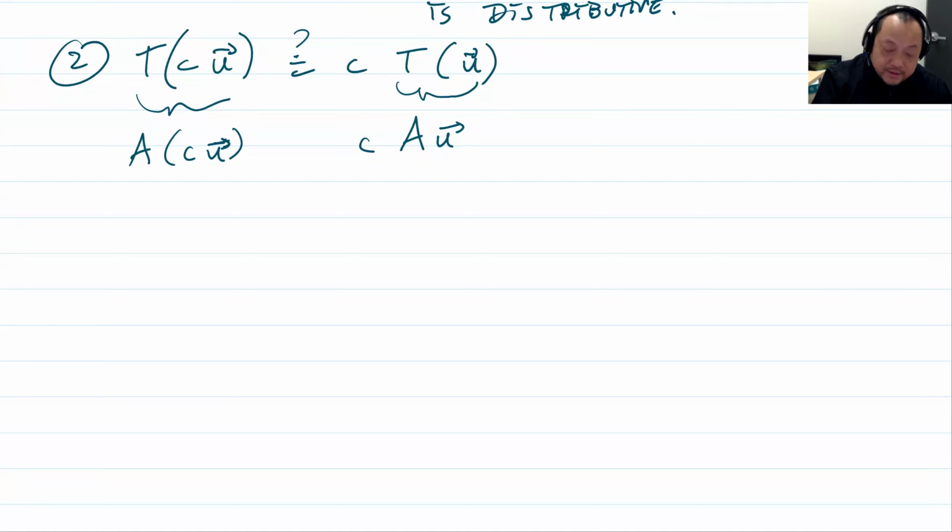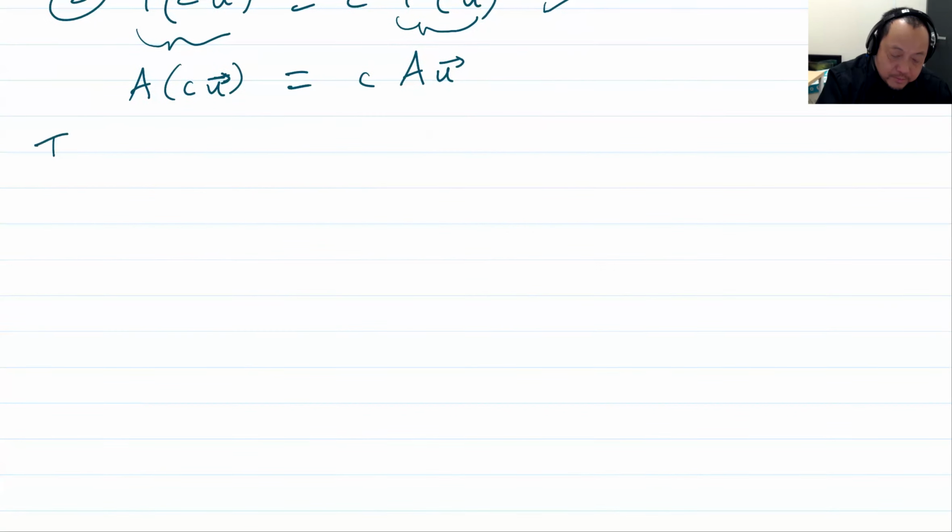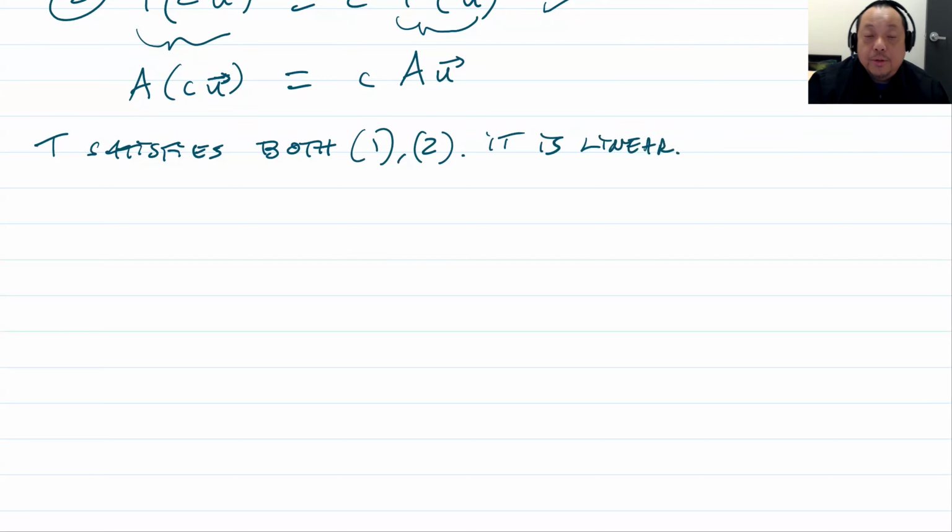Are these equal? Yes. We know that this can be done with matrix multiplication. So this is also satisfied. Our transformation T satisfies both properties, therefore it is linear. So this T is a linear transformation.